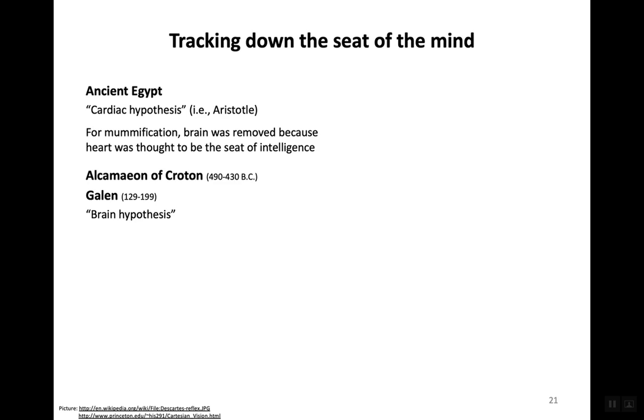But it was the ancient Greeks that paid more attention to the systematic relationship between brain injury and cognitive deficits. It was Alcmaeon of Croton who noticed this, and it was also Galen who specifically noted that if the damage occurs in an individual to the back of the head, that might result in vision problems, but the same does not happen if it is the front rather than the back of the head which suffers from injury.